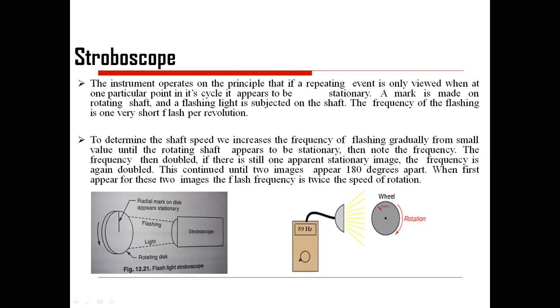Then note the frequency. The frequency is then doubled if there is still one apparent stationary image. The frequency is again doubled. This continues until two images appear, that is, a phase shift of 180 degrees apart from each other. When the first two images appear, the flash frequency is twice the speed of the rotation.